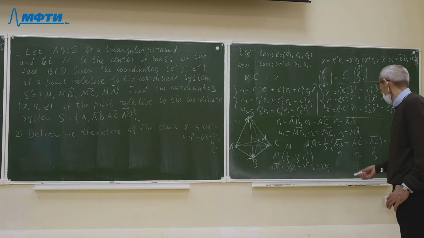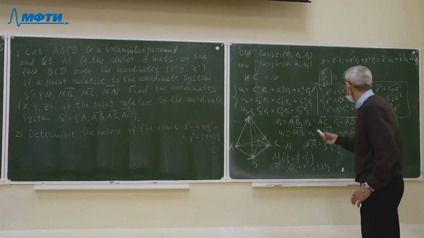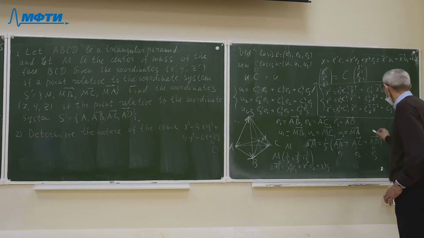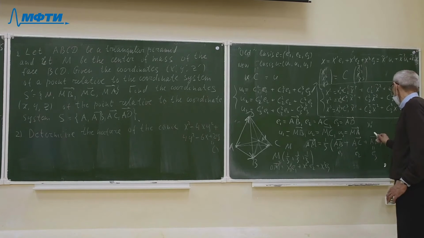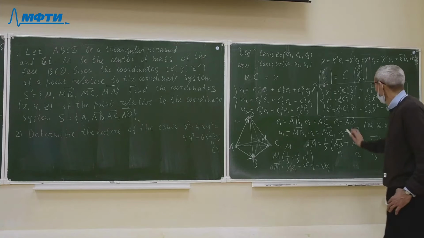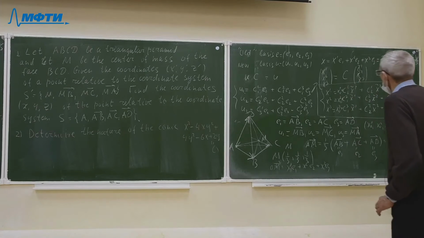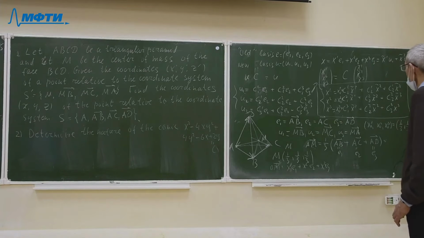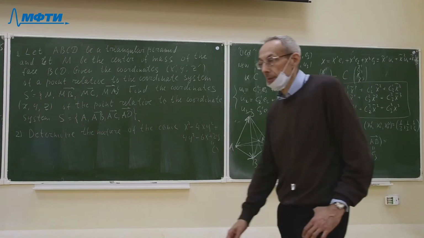It means that in this formula, the coordinates x0,1, x0,2, x0,3 are exactly equal to 1/3, 1/3, 1/3. We obtain the first summand.